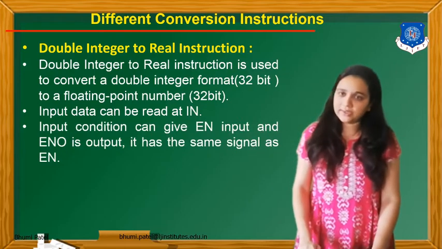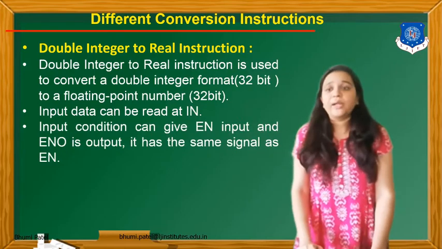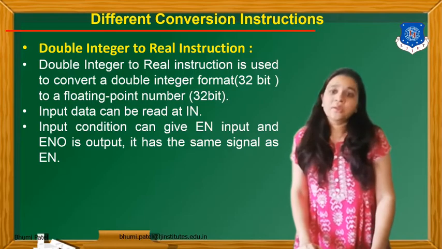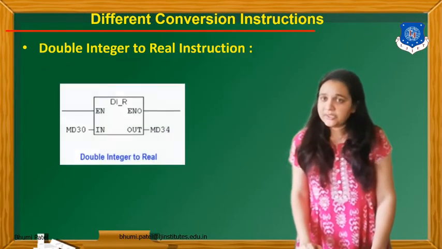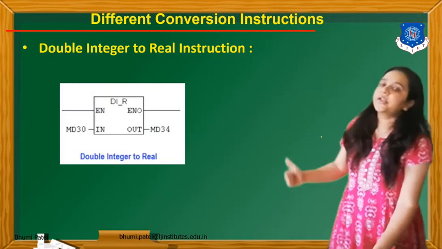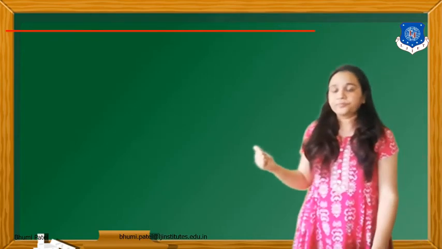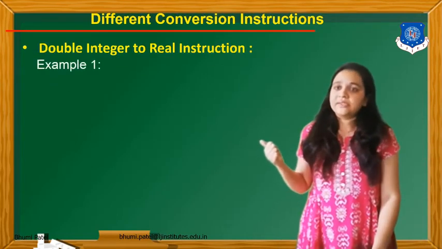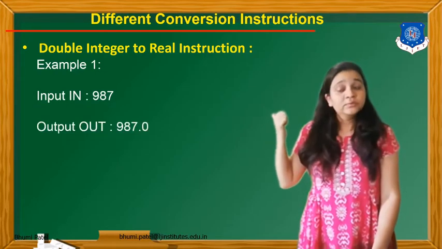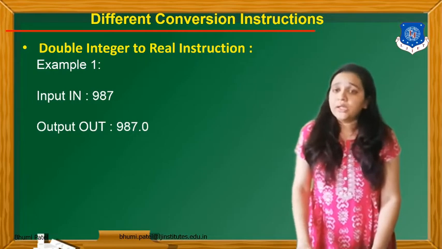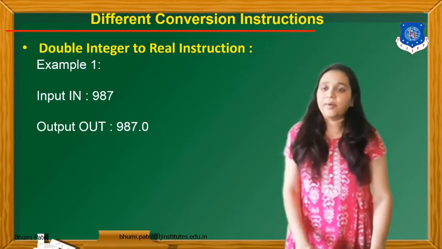The input condition gives the enable input, and ENO is my output, and it has the same sign as the EN. So this is the block of this double integer to real, and this is the example. Input is given 987. We get the output as a real number, 987.0.